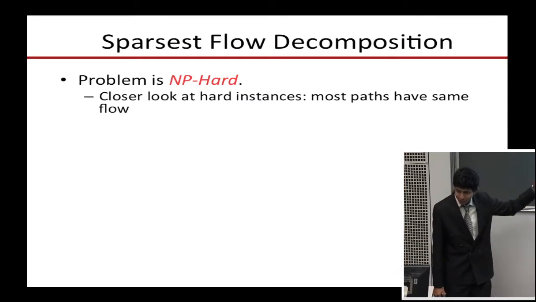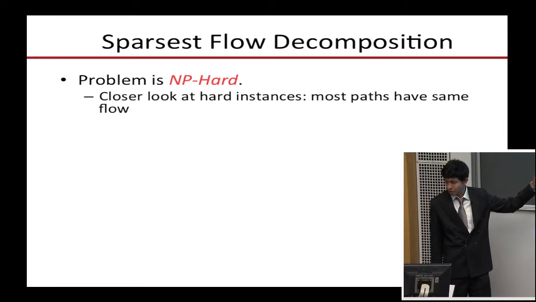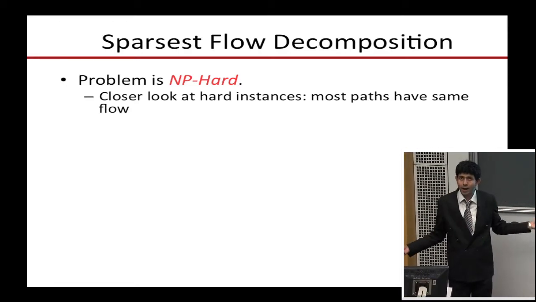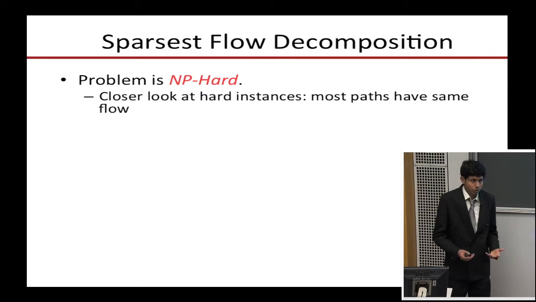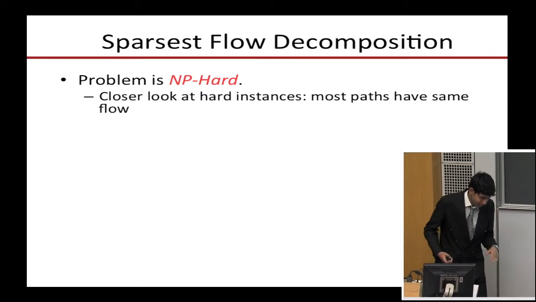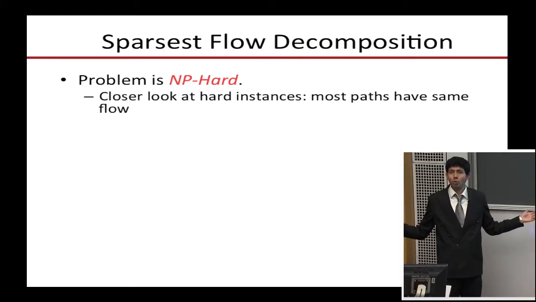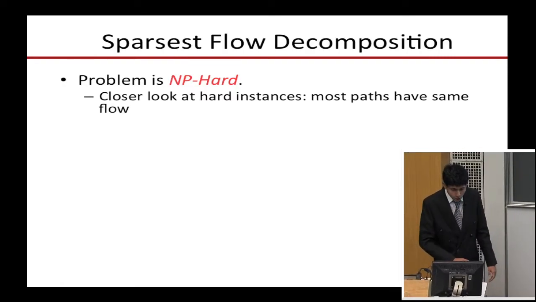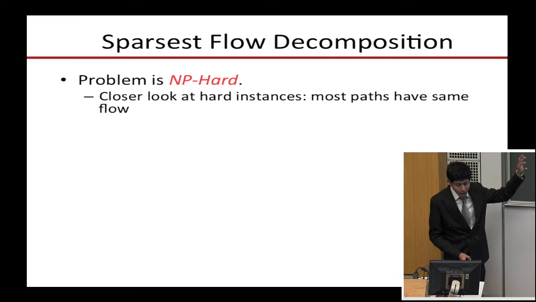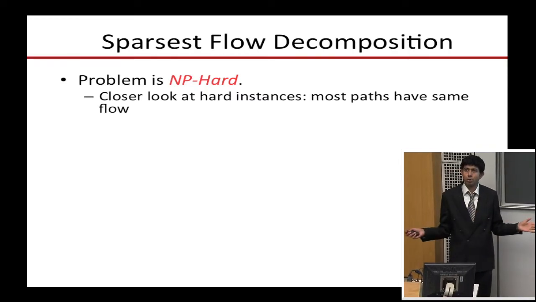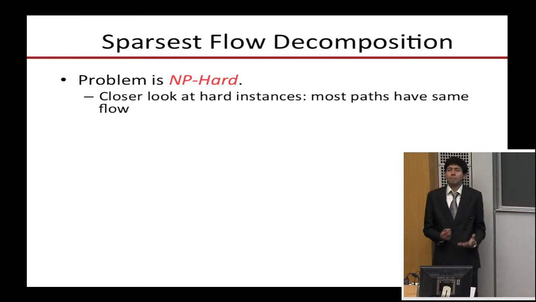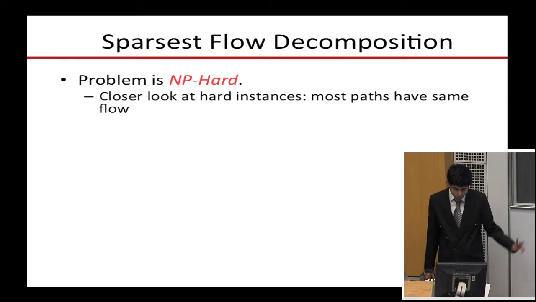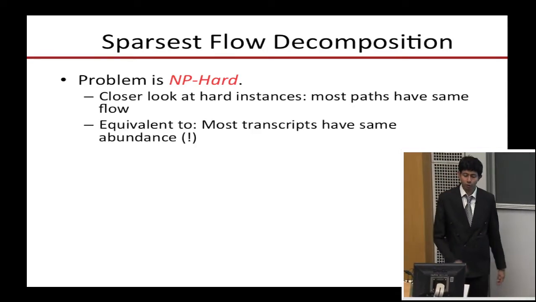And then what happens is in these hard instances, basically almost all the paths have the same flow. So path 1, path 2, path 3, path 4, they may all have flow value 1. Path 5, path 6, path 7, they have flow value 2. So in these hard instances of flow decomposition, it turns out that most paths have the same flow, or they have only one of two values of flow.